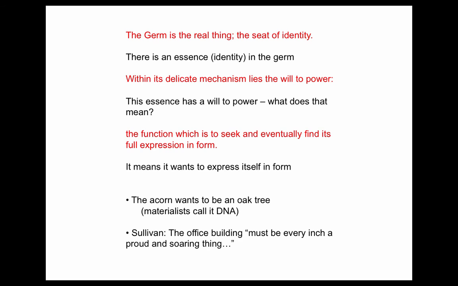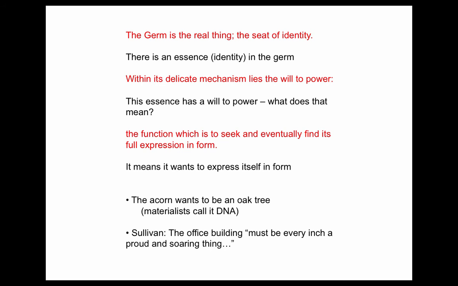The germ is the real thing, the seed of identity. There is an essence or identity in the germ. Now what do we call that in a materialist sense? What's making it become an oak tree or a peanut plant? DNA. There's DNA in there. That's how it's going to become an oak tree. It's not some mystical will, but we're speaking metaphorically. So we say there is an essence or identity in the germ.